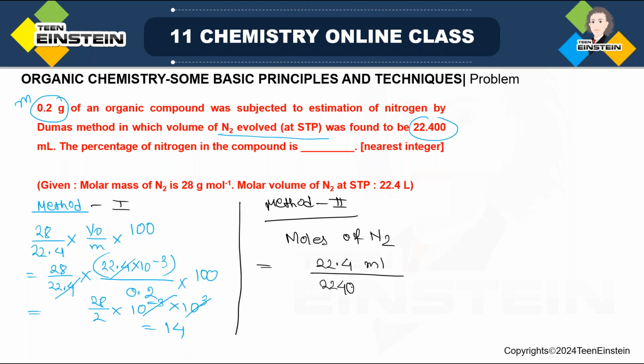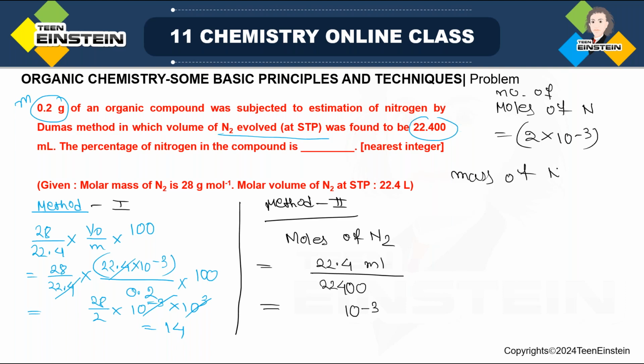So now we will divide it by 22,400 ml, and we will get the number of moles. Now if this is the number of moles, then moles of N atom will be double of this value, 2 into 10 to the power minus 3, right? Then mass of N is equal to 14 multiplied by this number of moles, because 14 is the atomic mass of nitrogen.